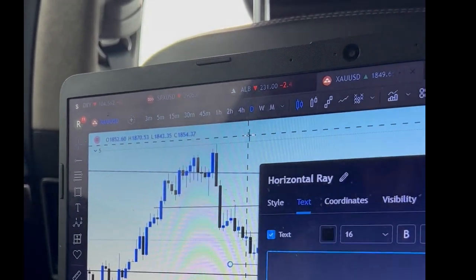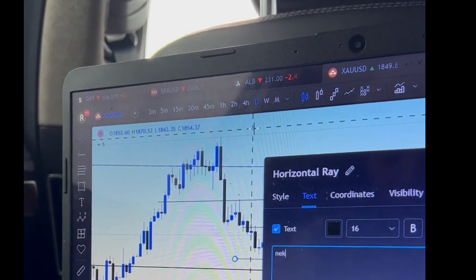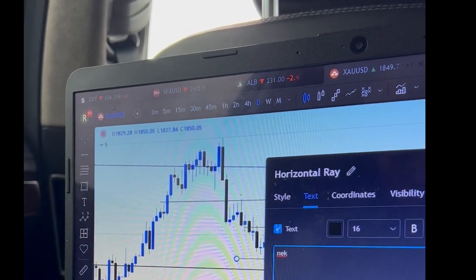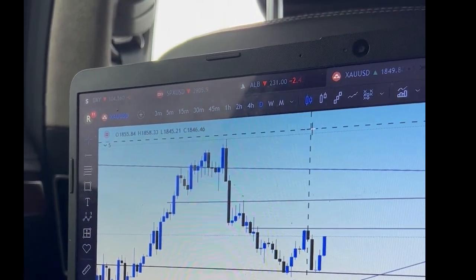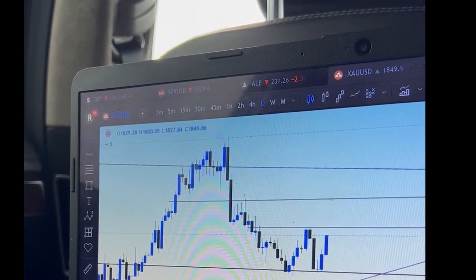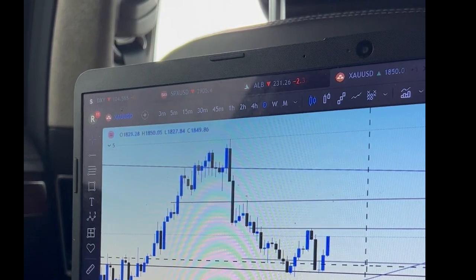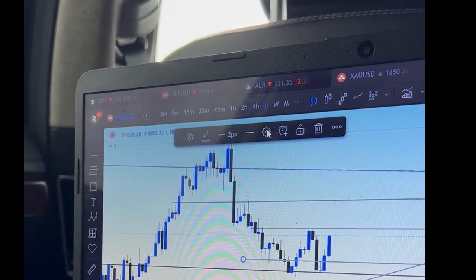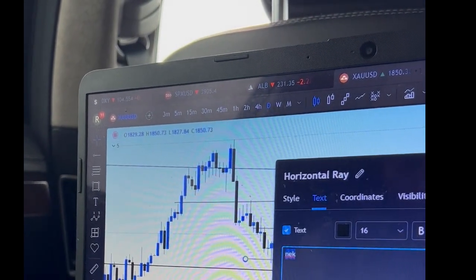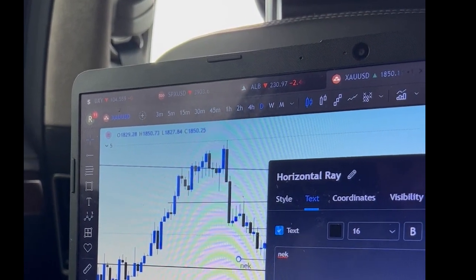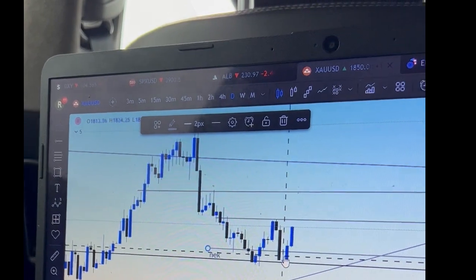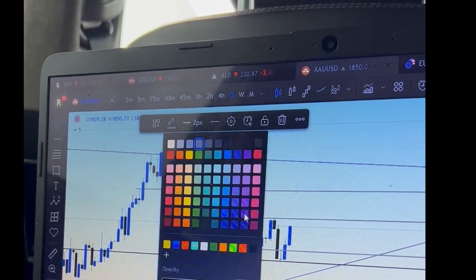Settings. Neck. All right, there we go. Now I got my neckline there, and I'll change the color of it just so I know where it's at.